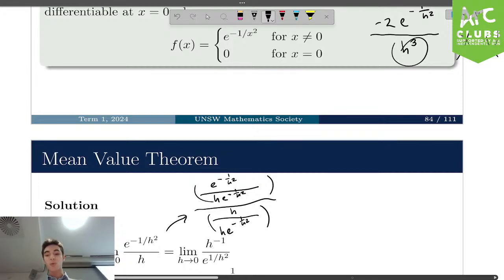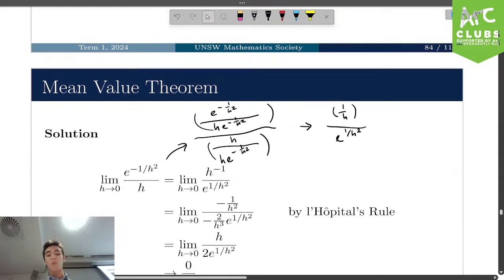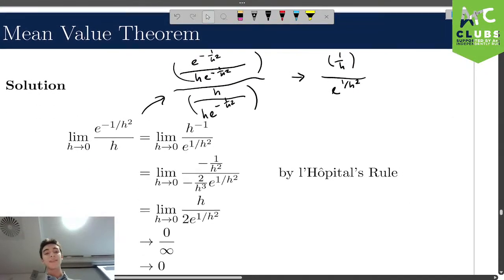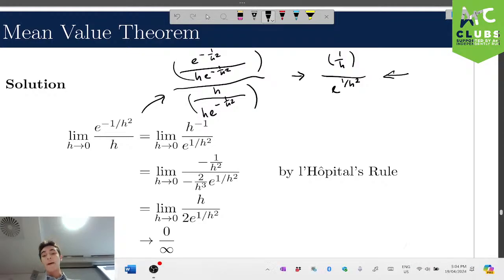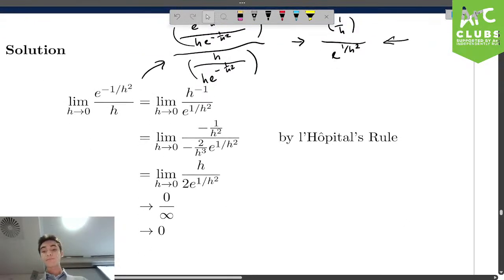It gets quite messy, but what it simplifies to is 1 over h at the top and e to the 1 over h squared at the bottom. And it turns out that when we apply L'Hopital's rule to this fraction, which is equivalent to this fraction, it behaves much better.